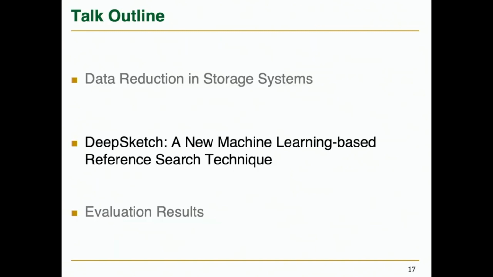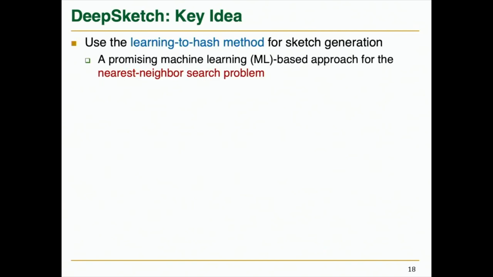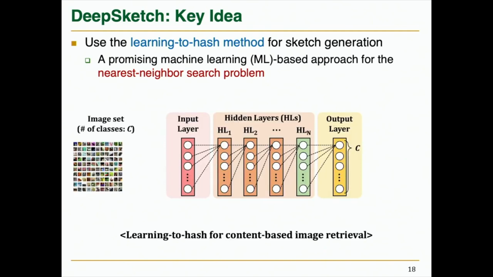Next, I will introduce DeepSketch, focusing on its key idea. Our key idea is simple. We use the learning to hash method, a promising machine learning-based approach for the nearest neighbor search problem. Let me briefly explain how a popular learning to hash method works for content-based image retrieval.